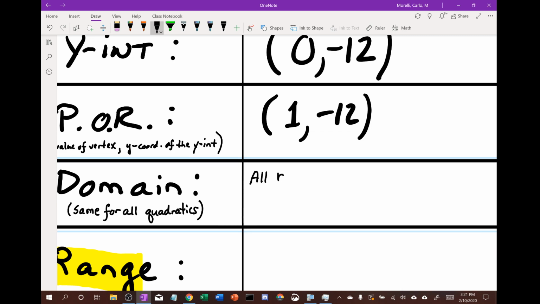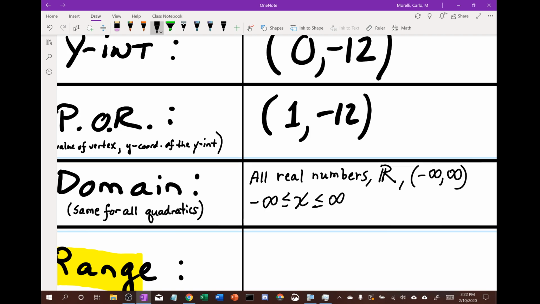All real numbers. Now, the way that inequality notation shows that on the STAAR test is negative infinity, less than or equal to x, less than or equal to positive infinity. Okay? The third way you see it written is like this, the weird looking R. The other way you see it written is like this. Basically, some way of saying every number.